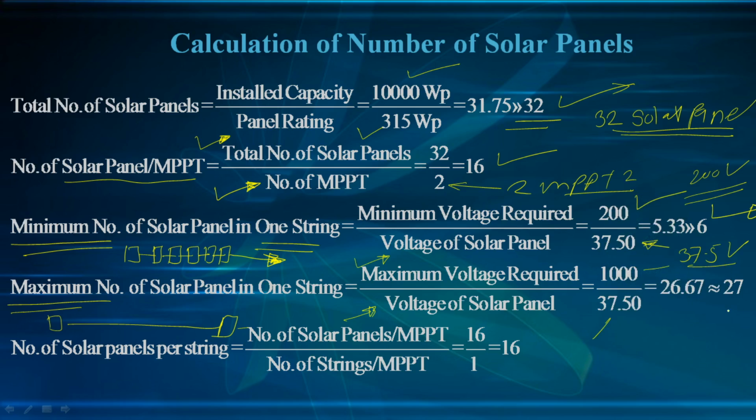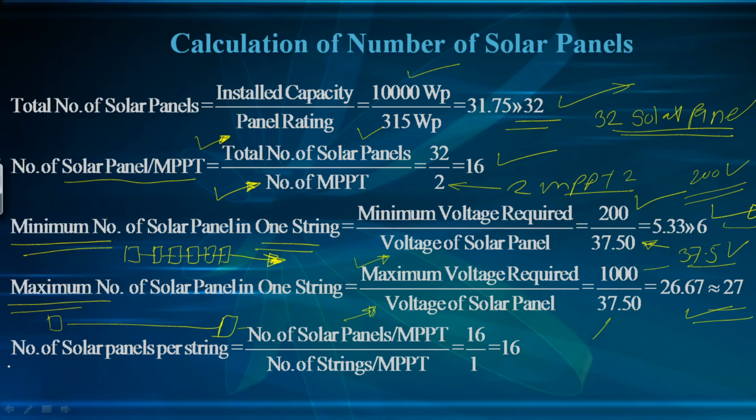After this calculation, we get a maximum of 27 panels that can be connected in such a way that their voltage does not go beyond this maximum limit. So the optimum number of panels in series combination should lie between these minimum and maximum panels.